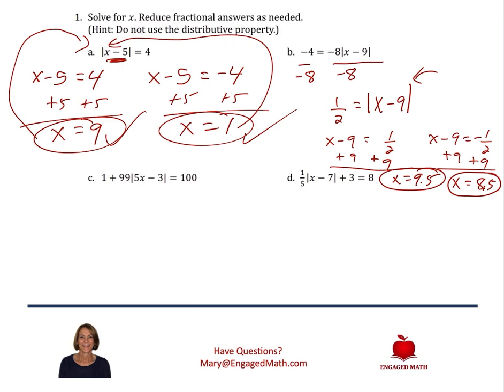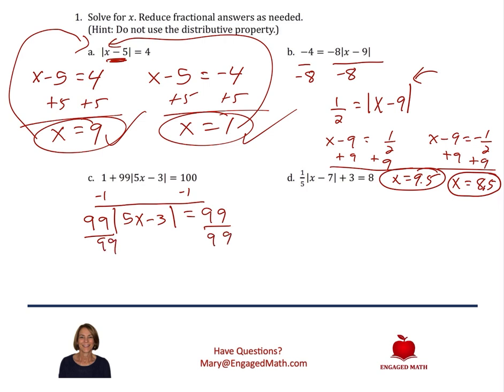And for C, I'm going to start by, again, isolating that absolute value. So I'm going to start by subtracting 1 from both sides. When I do that, I get a nice absolute value being multiplied by 99. So 99 times the absolute value of 5x minus 3 is equal to 99. We're going to divide both sides by 99.